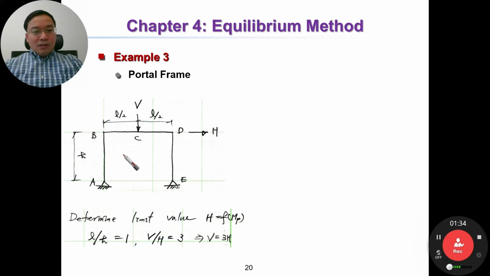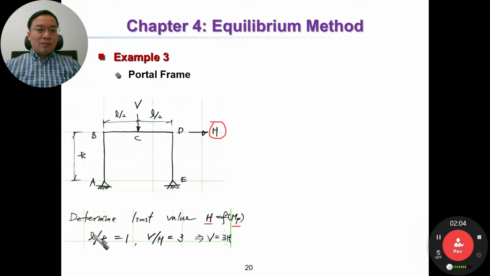The requirement of this problem is to determine the limit value of H as a function of MP. So we assume the section of the frame is identical and the plastic moment capacity is MP, and we have to determine H and of course V as a function of MP.